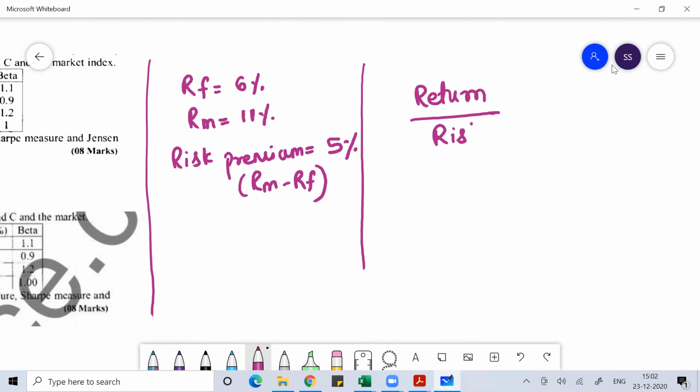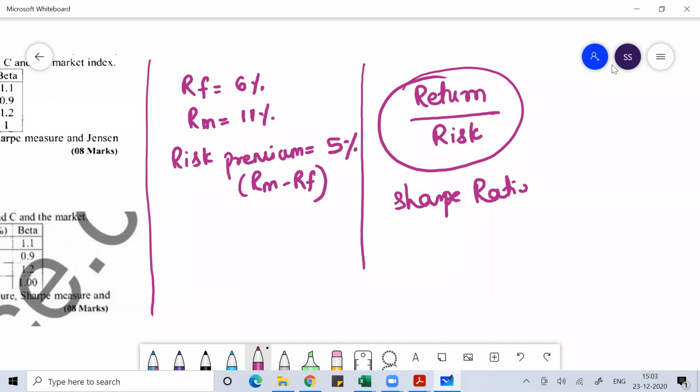Sharpe ratio, Treynor ratio, and the Jensen measure are all parameters which establish a relationship between return and risk. The formula of Sharpe ratio is the return on the stock minus RF, the risk-free rate of return, divided by the standard deviation of the portfolio.